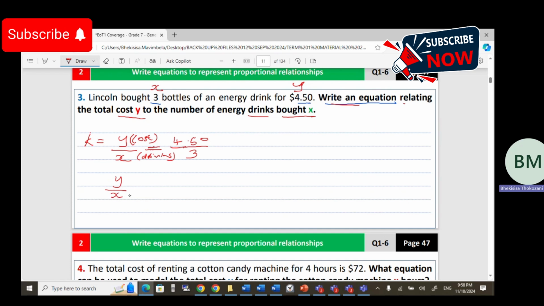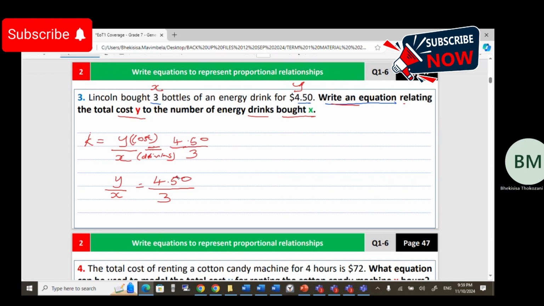Y over X. So my Y is 450 divided by X, which is my drinks, and which is 3. So you just divide. Now you ask yourself, how many 3's in 450?